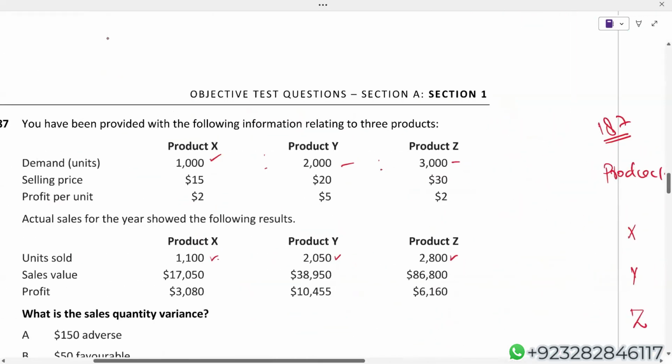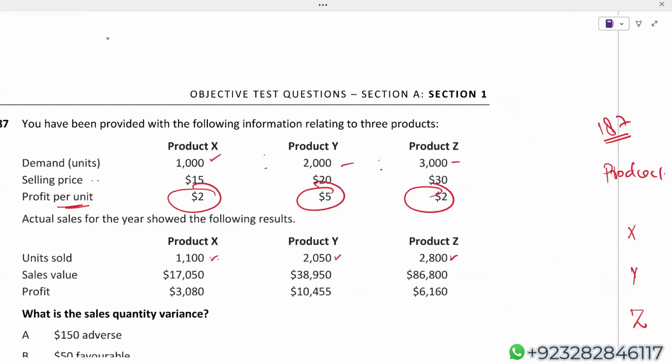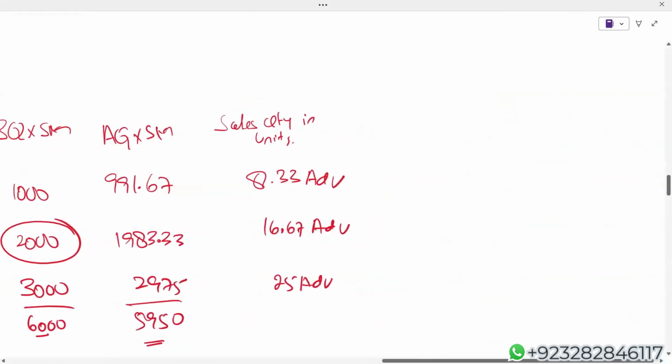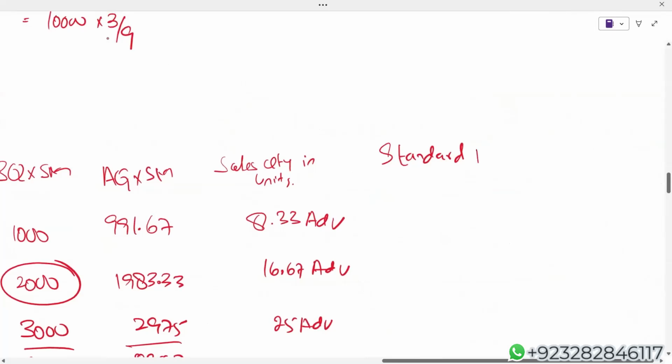Okay, we have got selling price. Profit per unit, the examiner has given us 2, 5 and 2. Standard profit per unit was 2, 5 and 2.